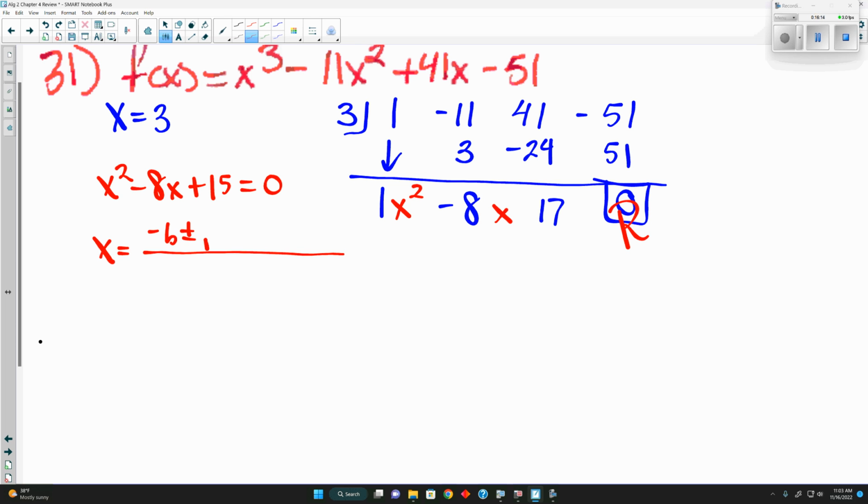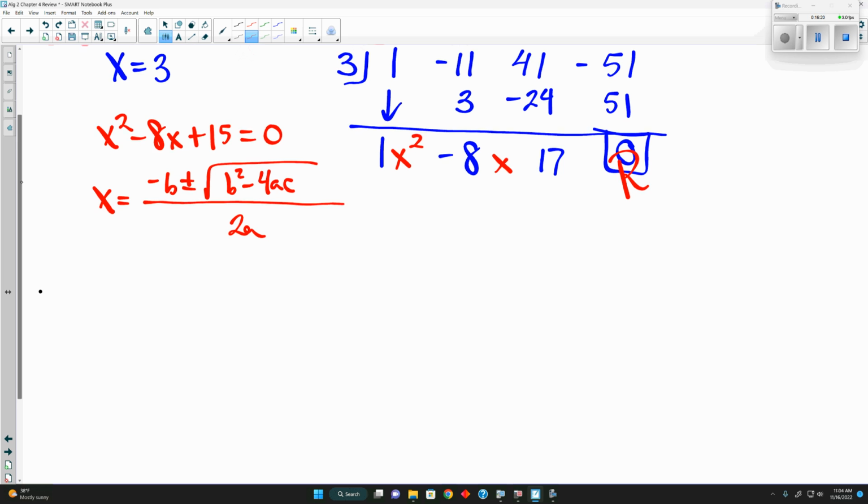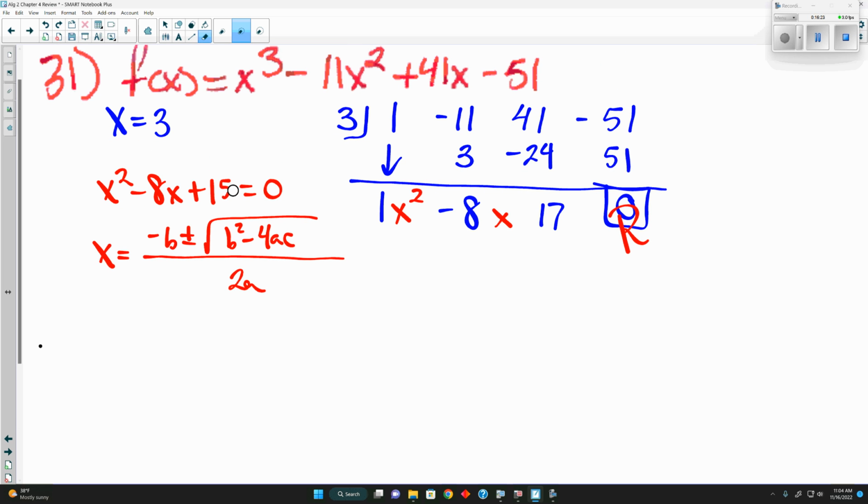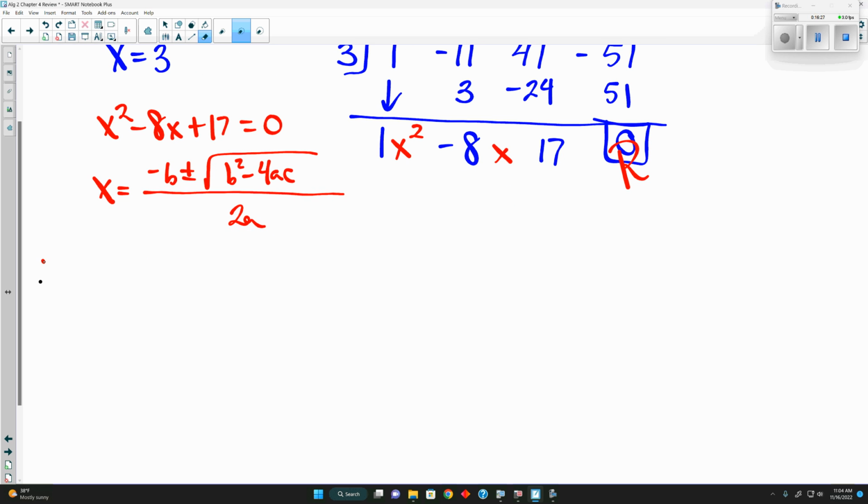Negative b plus or minus the square root of b squared minus 4ac all over 2a. Now the first part we have is negative b. Well, what's the value of b? Well, we have negative b, so negative negative 8.